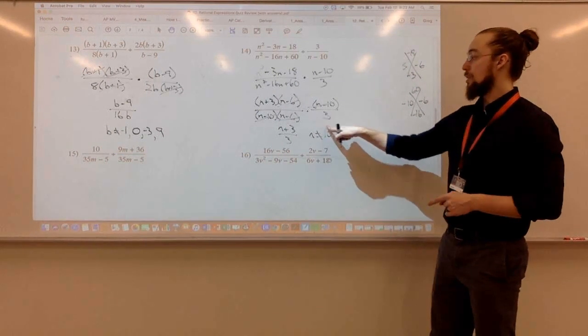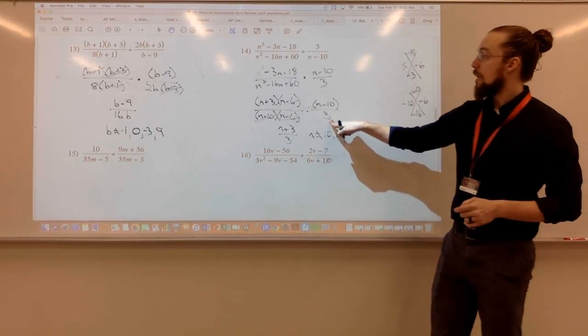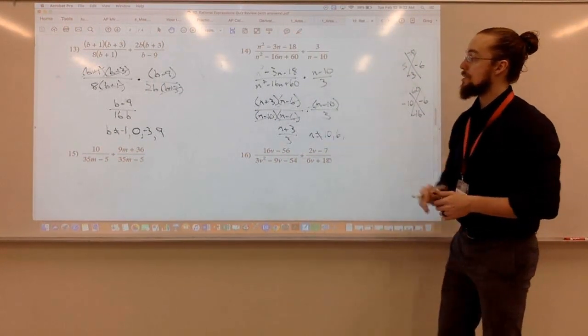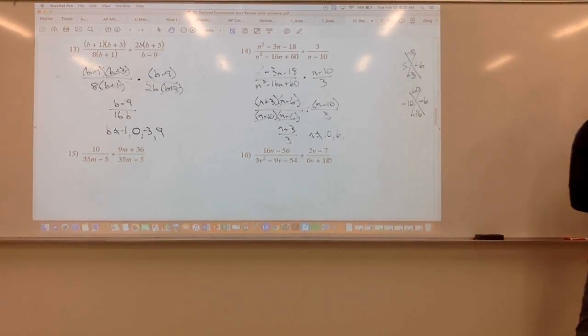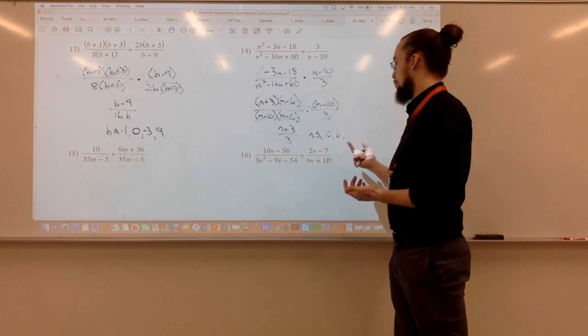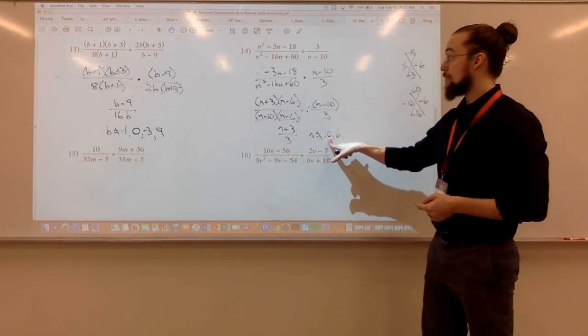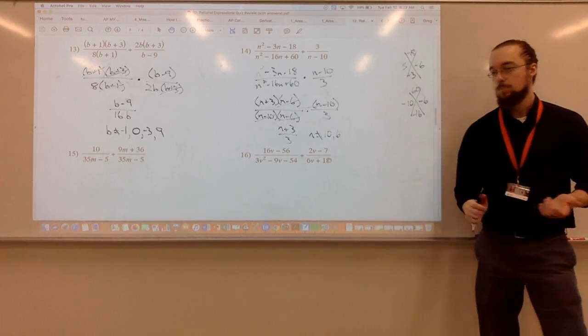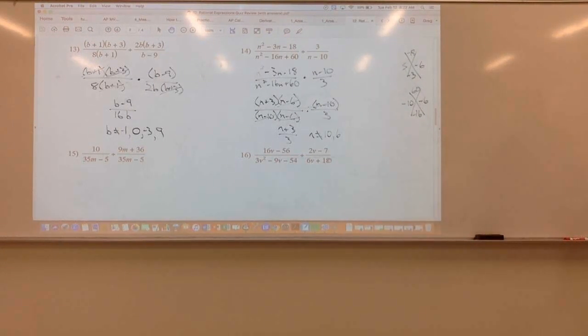But then I have to think, well, this n minus 10 was in the denominator at one point. So this n minus 10 would get me a restriction of 10, but I already have that one. So here I only end up with 2 restrictions.